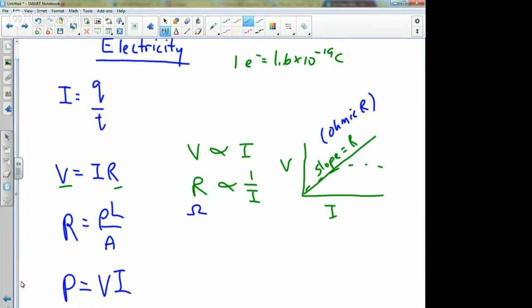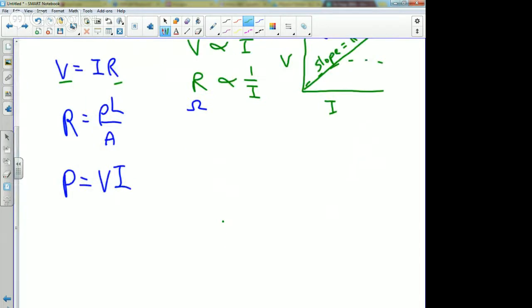For R equals rho L over A, this formula is straightforward enough: resistance is directly related to length and inversely related to area. However, what's not stated is that resistance is also directly related to temperature, because in general, when the temperature goes up, the resistivity also goes up.